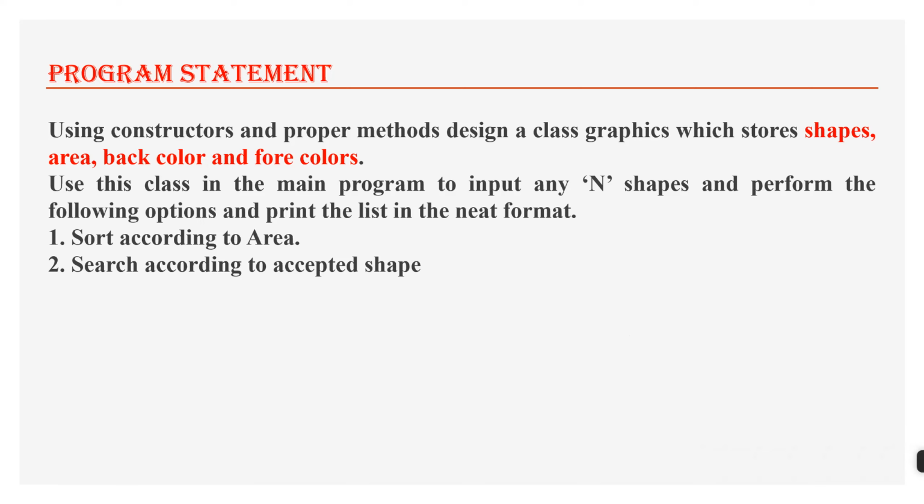Use this class in a main program to input any n shapes and perform the operations. What are the operations? Area, then search the shape. So two operations you are supposed to do. One is to find out the area of the shape, and second one is to search the accepted shape. That is the program.